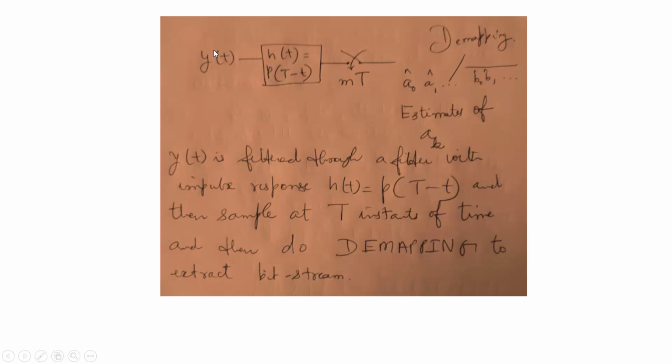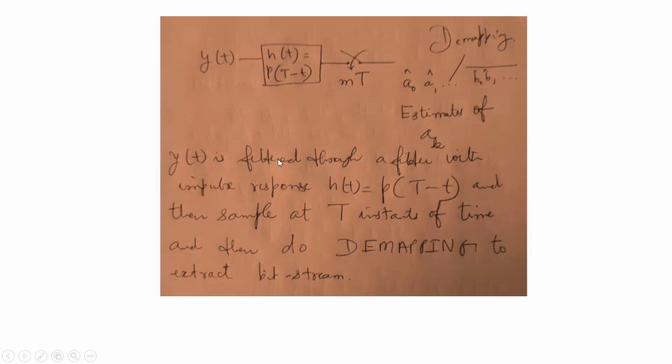If we pass a signal y(t) through a filter with impulse response p(T minus t) and sample the output of this filter every capital T seconds, I will be getting the estimates of the amplitudes a_0, a_1 and so on, and then I can demap to bits, estimates of a_k, and extract the bits that were transmitted.